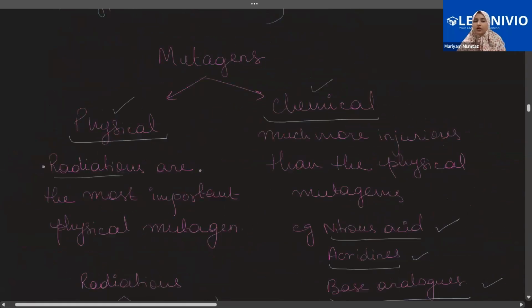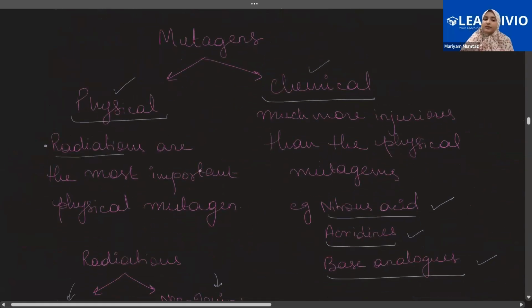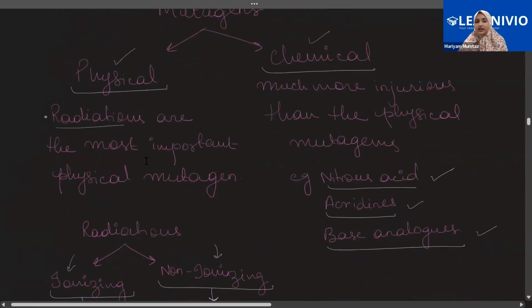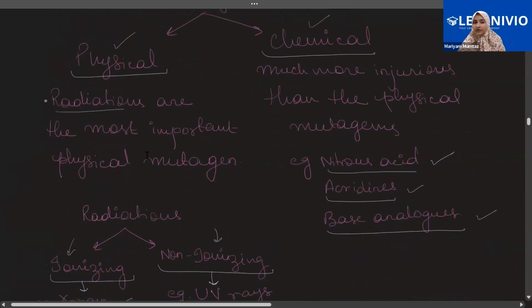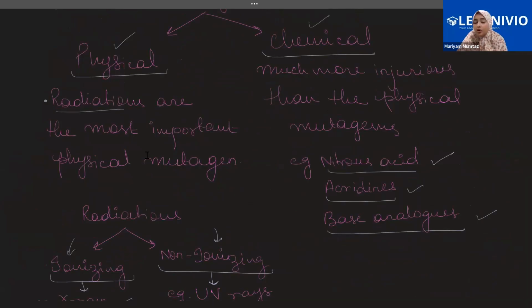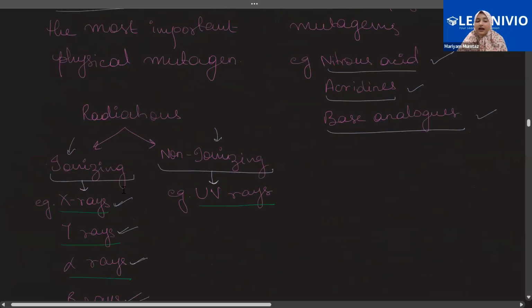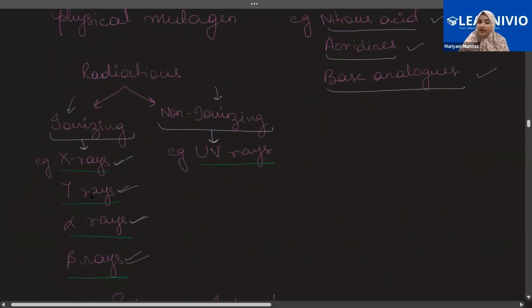Now, coming back to the mutagens. When I said physical mutagens, these are the radiations. This is the most common type. We have ionizing radiations and non-ionizing radiations. The ionizing radiations are much more harmful as compared to non-ionizing ones.